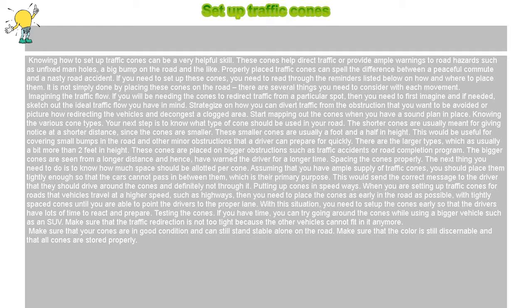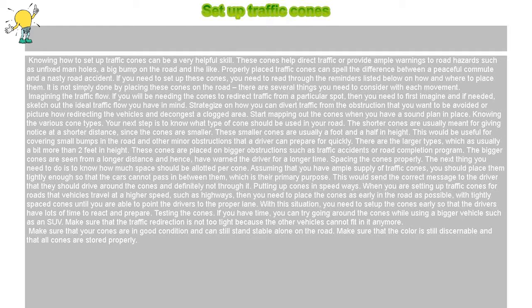Knowing the various cone types. Your next step is to know what type of cone should be used on your road. The shorter cones are usually meant for giving notice at a shorter distance, since the cones are smaller.